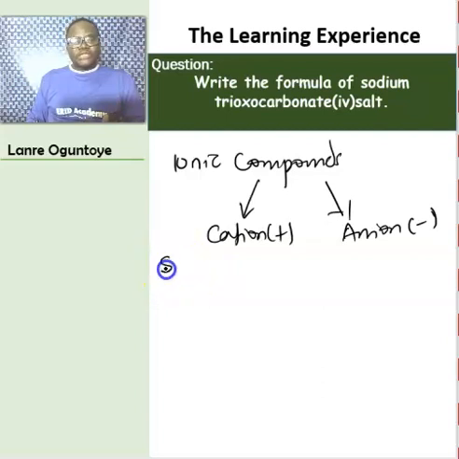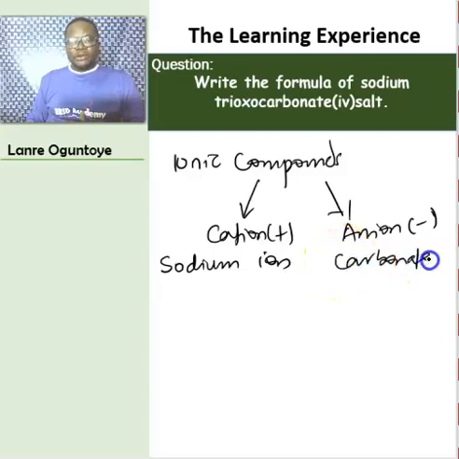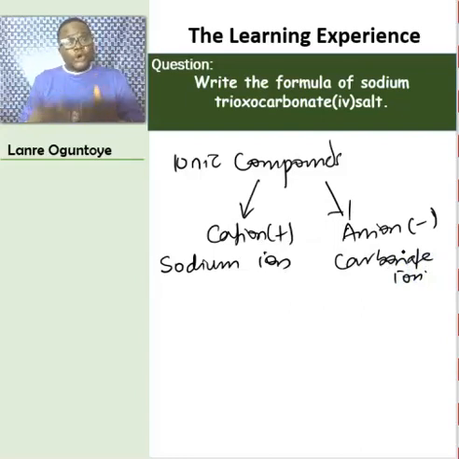So the positive charge there is sodium ion, while the negatively charged part of this salt will be the carbonate ion. Good. Having identified the ions present in this salt, the next thing is to try to write the correct formula for each of the ions.